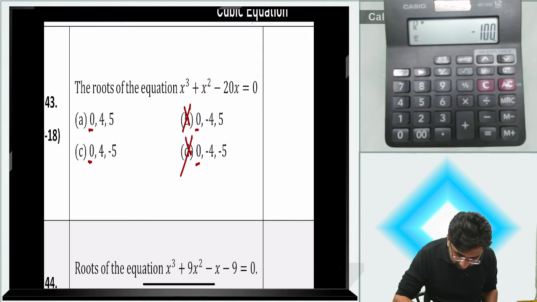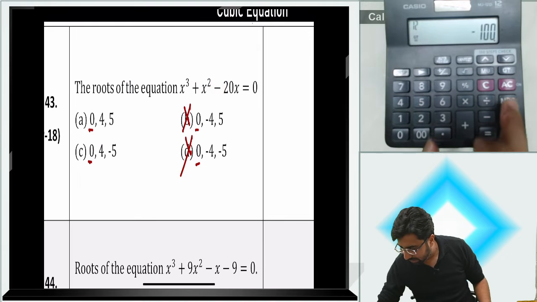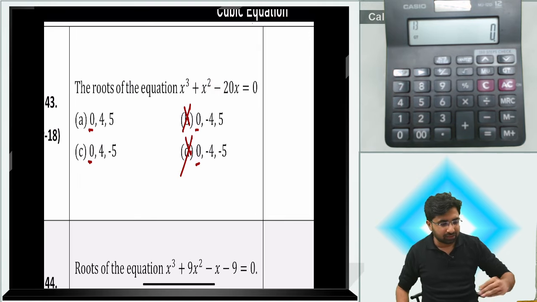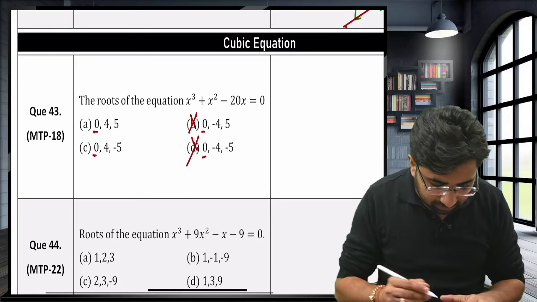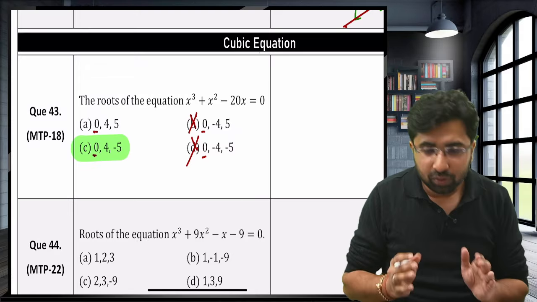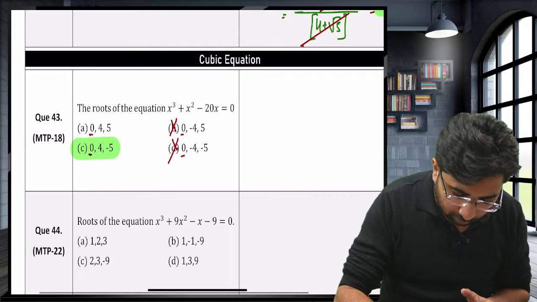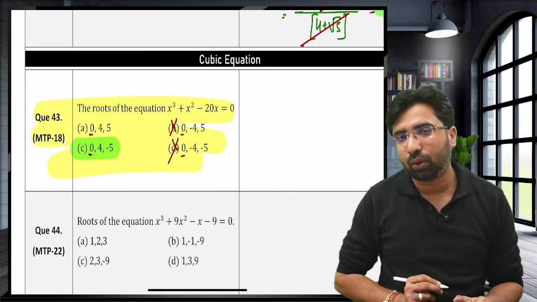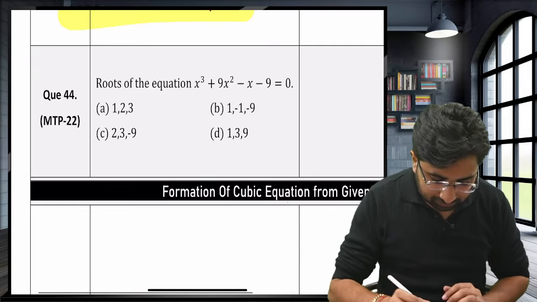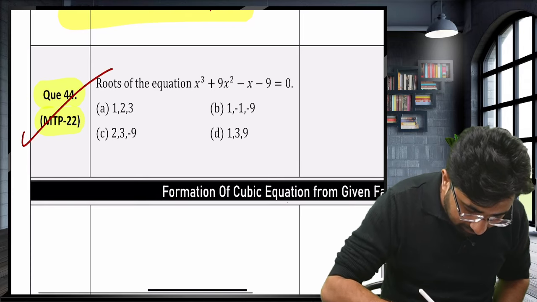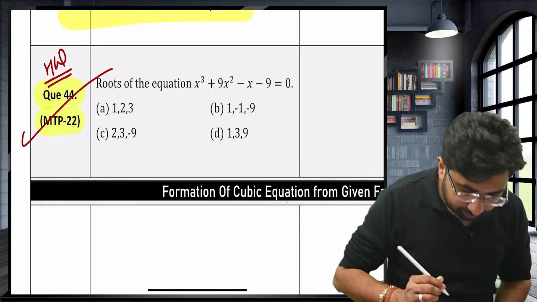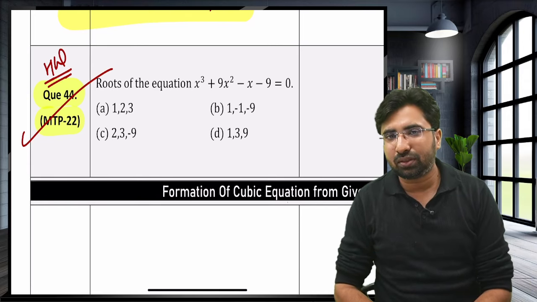Since you have minus here, you will press M minus, MRC. Again you are getting 0. So option C gives you LHS equals RHS. So option C is correct. Rest all the options are wrong. Everybody, in the same way you have to deal with this question as homework. Here you are done with the cubic also.